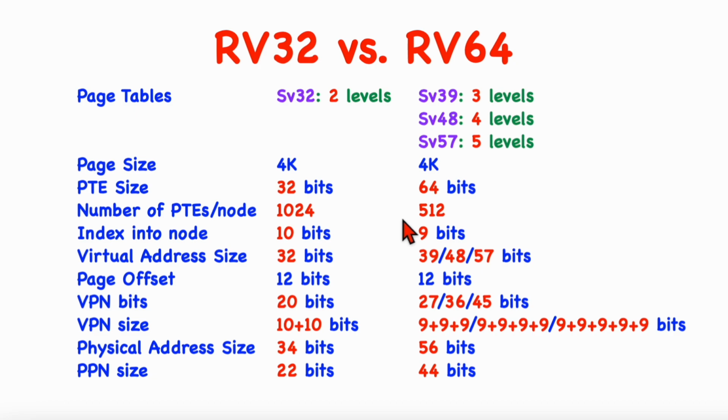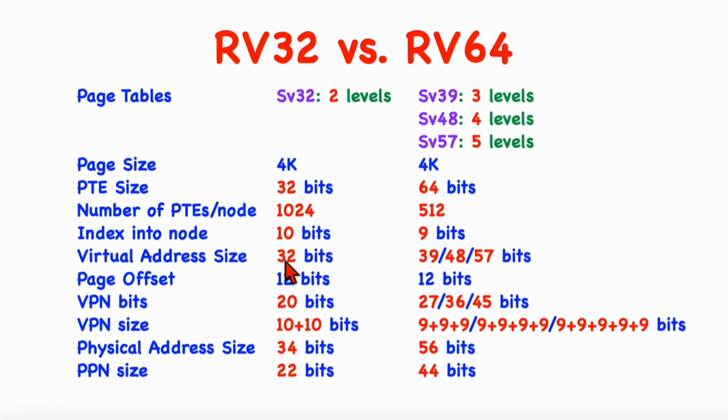This means that for 64-bit machines, a node can now hold only 512 page table entries instead of 1024. So we're going from a radix 1024 tree, where each node has 1024 children, to radix 512 trees. And that means the size of the index into the page table nodes goes from 10 bits to 9 bits.